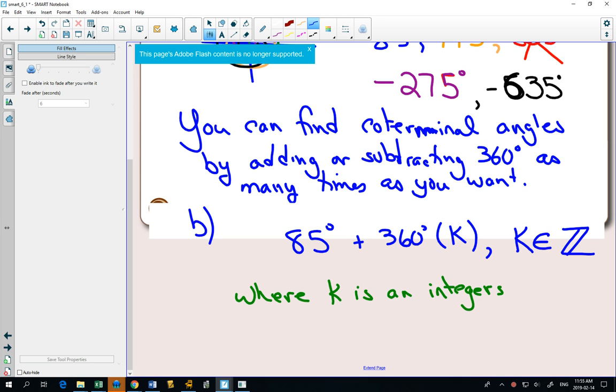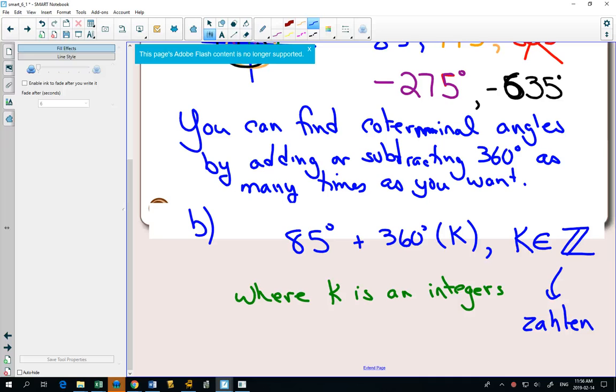And I have a special symbol for the integers, which is a Z with 2 lines. Did you learn that? Or in grade 9, did you learn the I with 2 lines for integers? Okay. Now, the I with 2 lines is sort of a North American, Americanized. The international symbol is with the Z. It comes from the German word Zahlen, which means number. That's where it comes from.